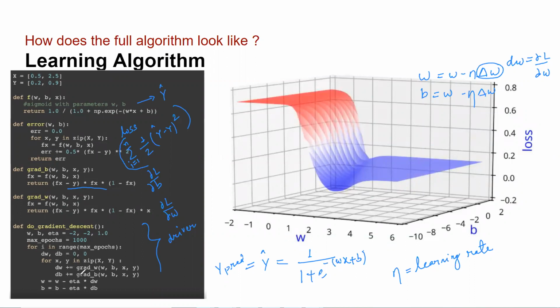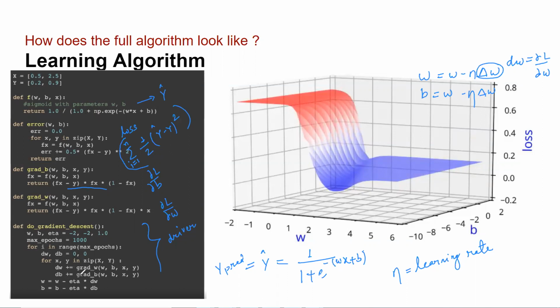But in the last function, do gradient descent, when we go for i in range till max epoch, for 1,000 values we keep on updating the dw.